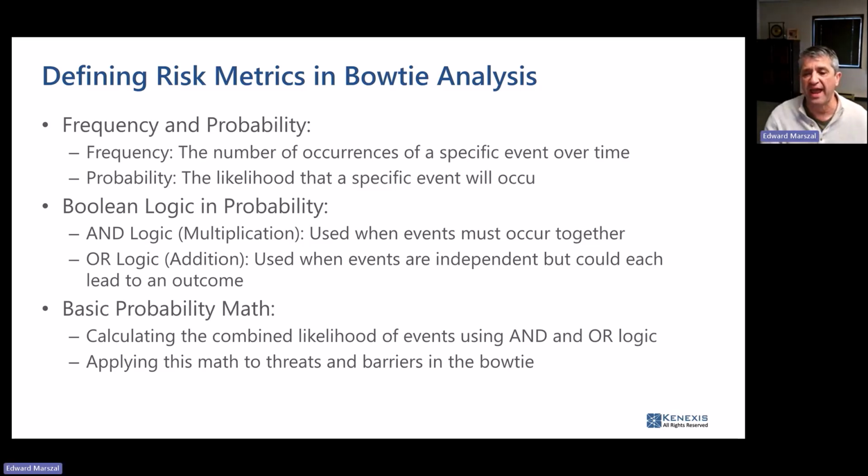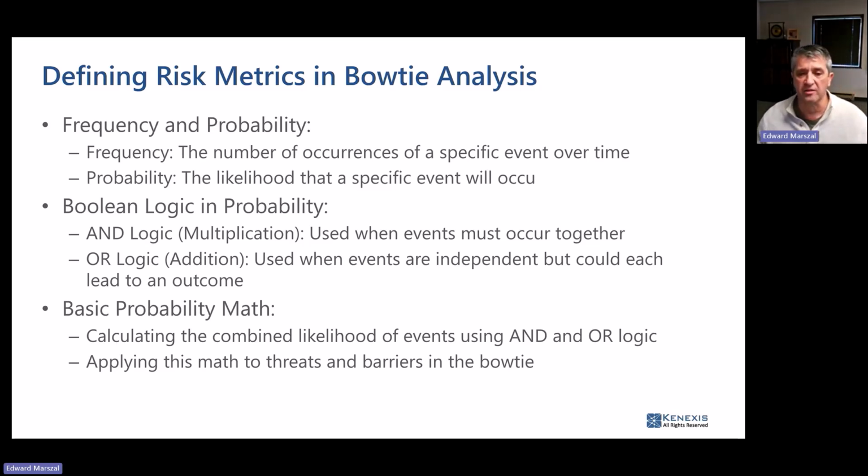And when you have AND logic, you use probability multiplication. Now, we say probability multiplication, but we're also going to be multiplying and adding frequencies. So I'm going to say probability multiplication and probability addition, but those same concepts are going to get applied to the frequencies too.